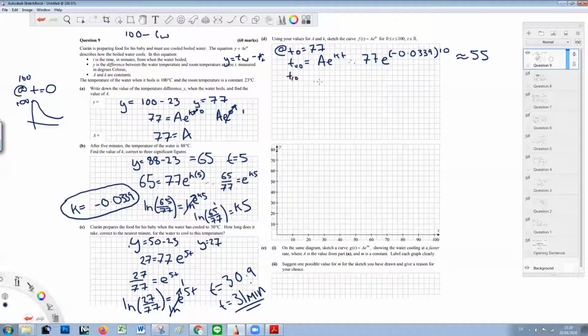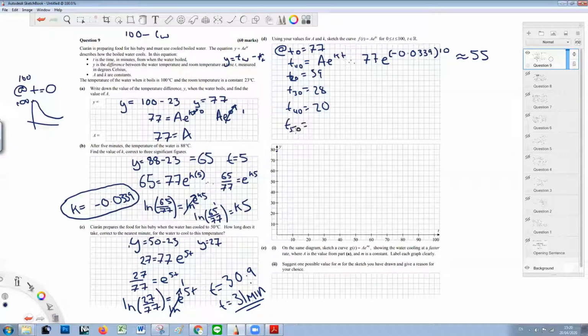T20 is going to equal 39. T30 is going to equal 28. T40 is going to be 20. And you just sub them in the exact same way, changing the value of T as you go along.